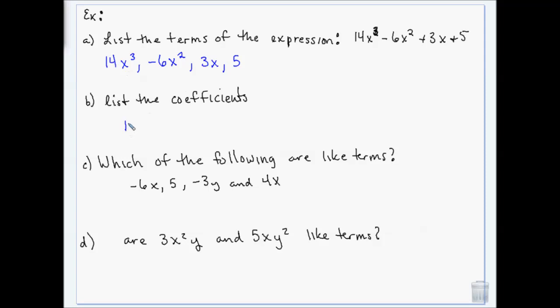So my coefficients are 14, -6, and 3. So the coefficients are just the number part. The term is the whole thing, coefficient is just the number. But you'll notice I did not list this 5 as a coefficient because it's not a coefficient. It's only a coefficient if it's attached. It's a constant.